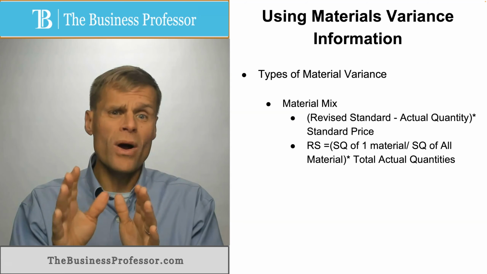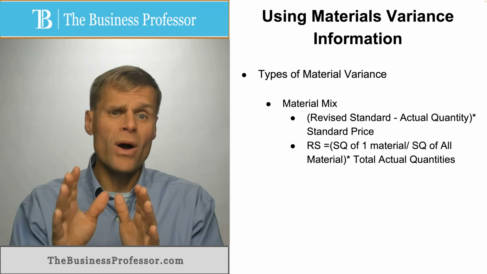So you're using this fraction to understand what proportion of the total quantities required should be used in this type of project. That's why you call it your revised standard, because once again, you're focusing in on one percentage based upon the entire lot.